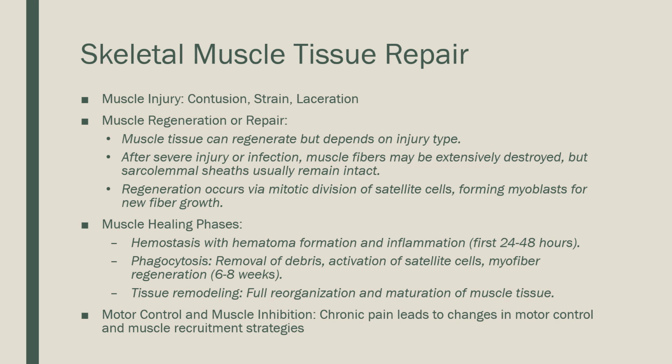Chronic pain leads to changes in motor control and motor recruitment strategies. These include feed-forward mechanisms, cortical plasticity, and task specificity. Motor inhibition is the decreased activation in muscles on electromyogram, even when muscles should be active.